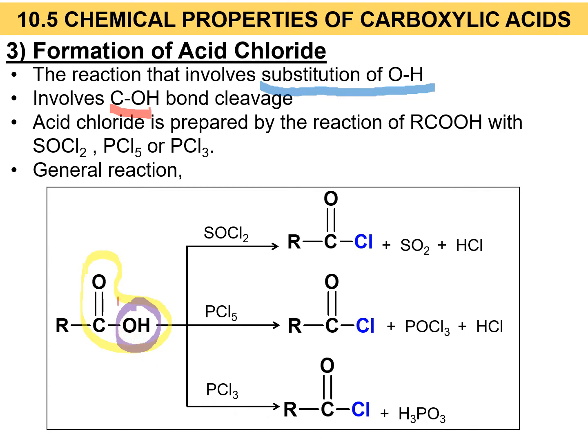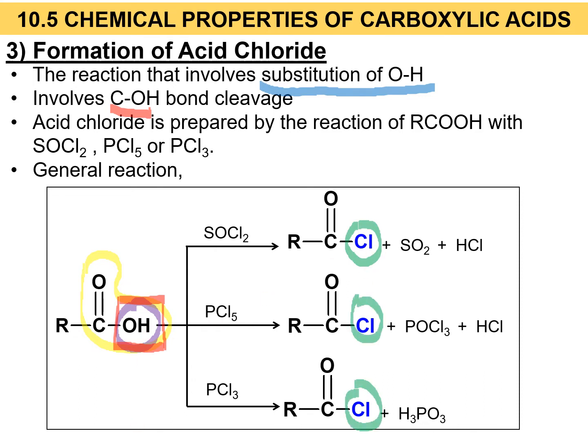Dia akan buat bond cleavage between this carbon of the carboxylic acid and also the OH here of the carboxylic acid. So kita akan buat belahan bond di sini. Makanya kita akan substitute this OH with Cl. So you can see here, dia terus substitute this OH dengan Cl.